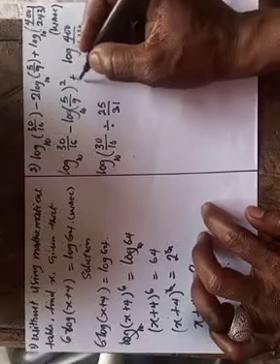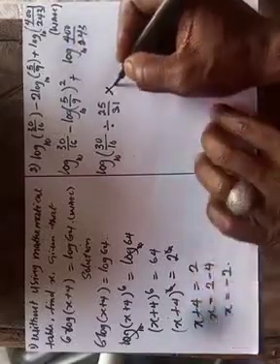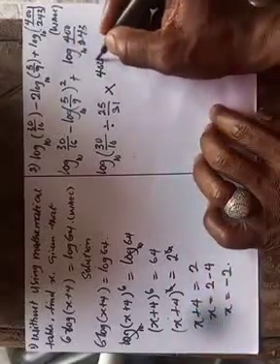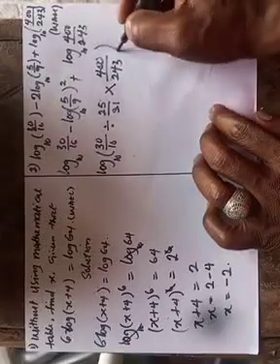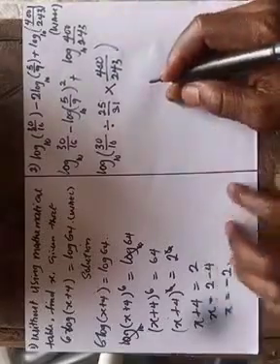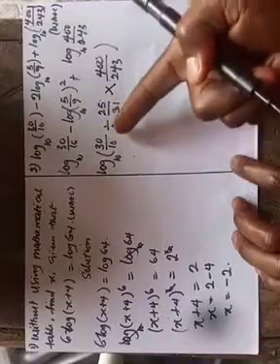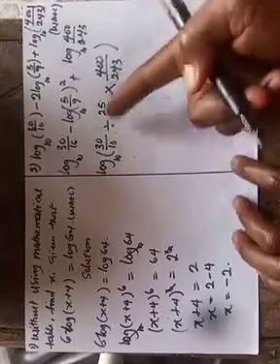Then this is plus here, it turns to multiplication. Then 400 over 243.